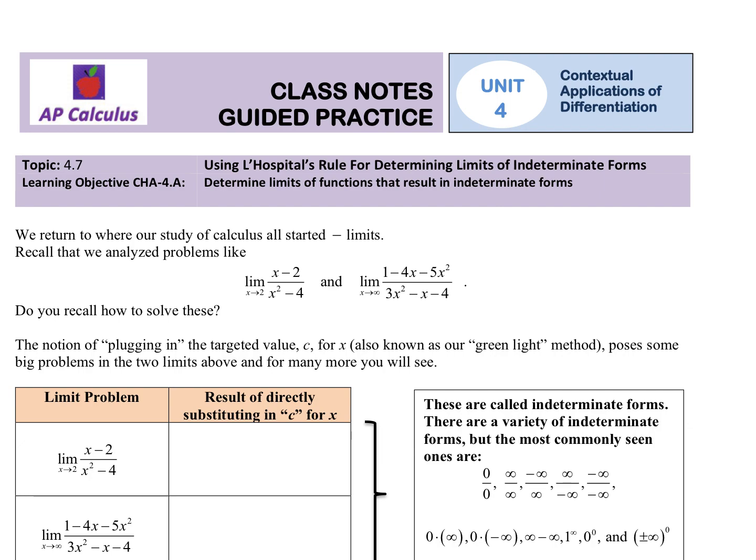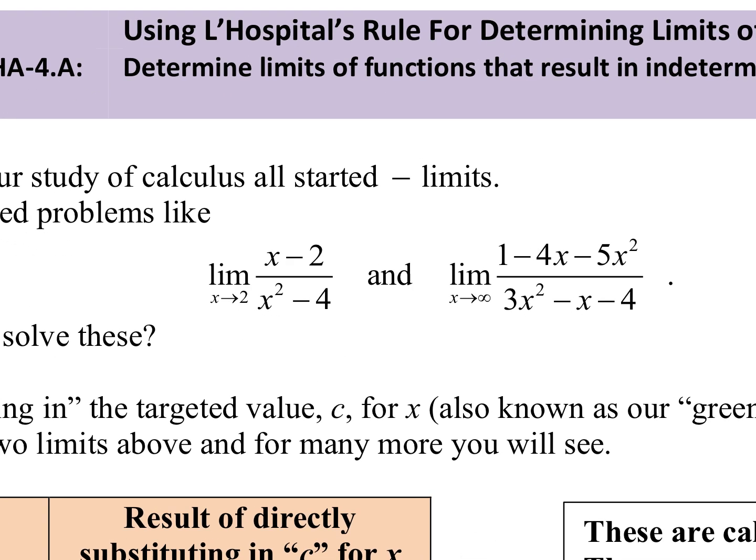If we're taking the limits of things, like at the very beginning when we looked at problems like this here, if I take the limit of this and I plug in 2, or I plug in infinity, I end up with things like 0 over 0 and negative infinity over infinity, if I just plugged in that c value we're approaching.